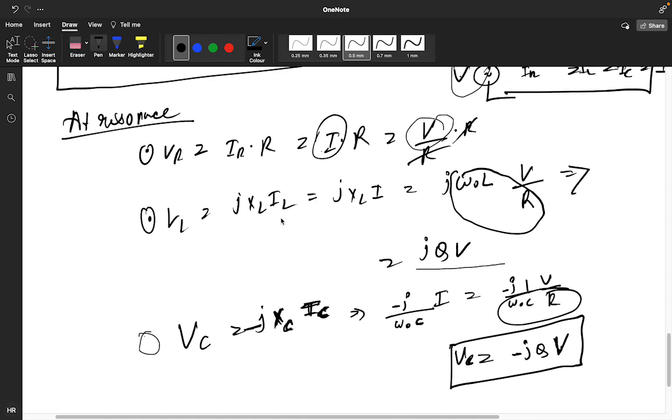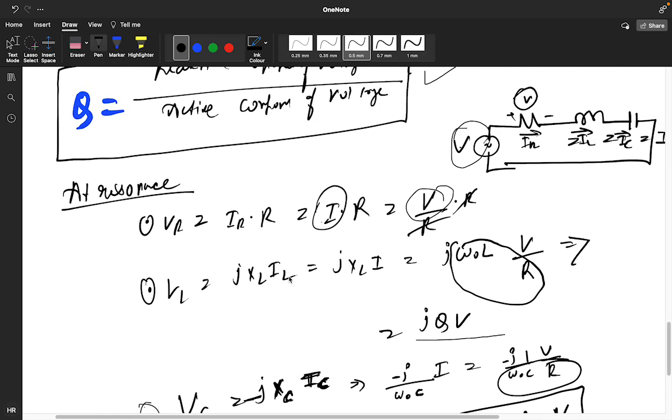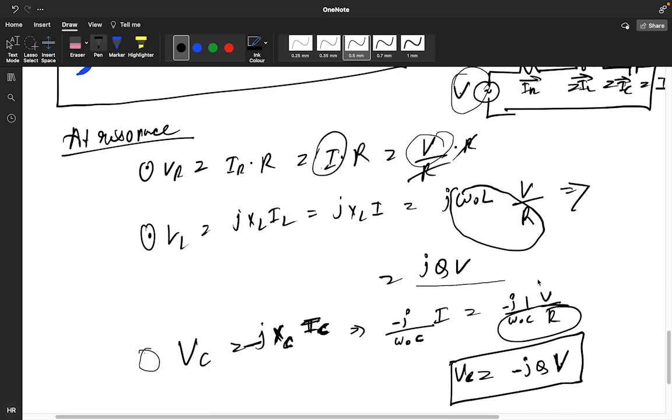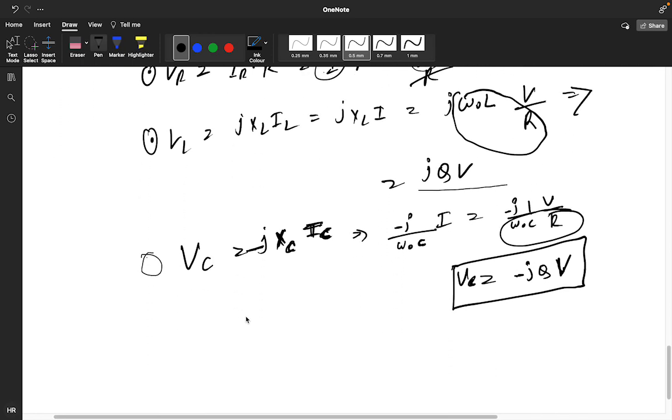And VL is jXL into IL, and IL is I only. I is V by R, and we already discussed omega naught into L by R is your quality factor, so jQV. And VC is minus jXC into IC. XC value is 1 upon omega naught C, and we already discussed 1 divided by omega naught C into R is your quality factor. So we are getting this.